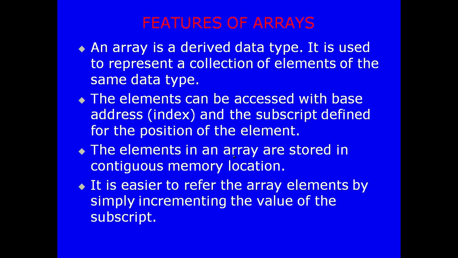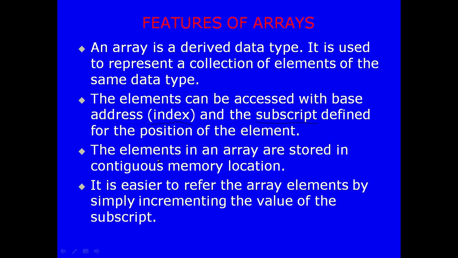What are the features of an array? Everyone knows that an array has an index, written inside the square brackets, and a subscript. Both are defined for the position of the element. The element can be accessed with the base address, that is the index, and the subscript defined for the position of the element.